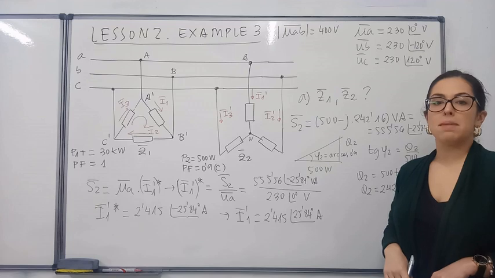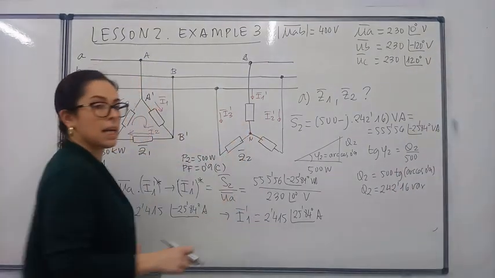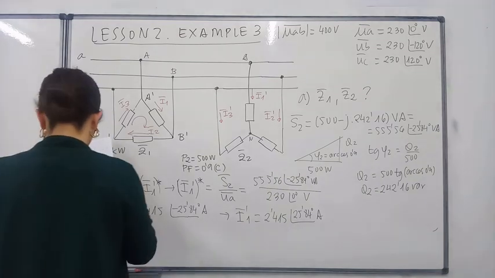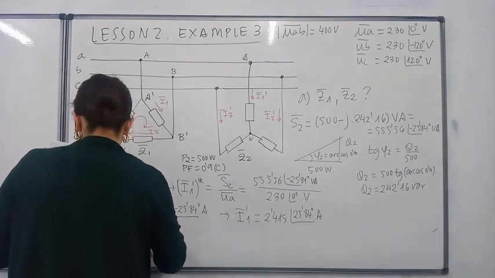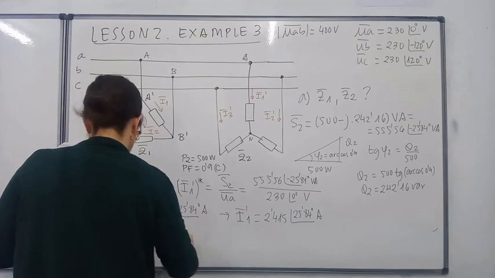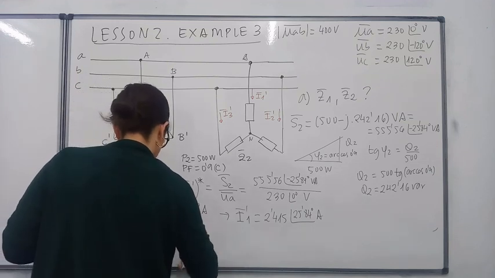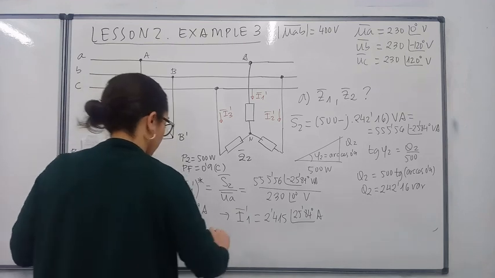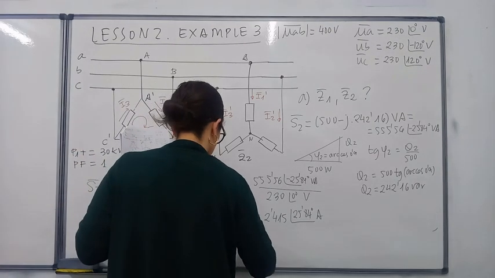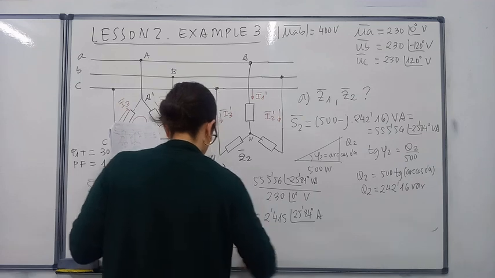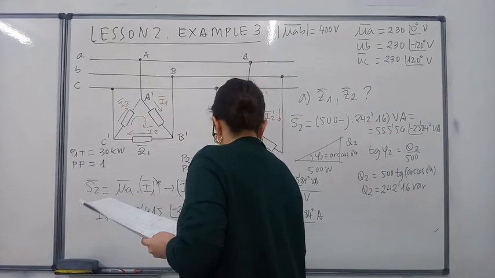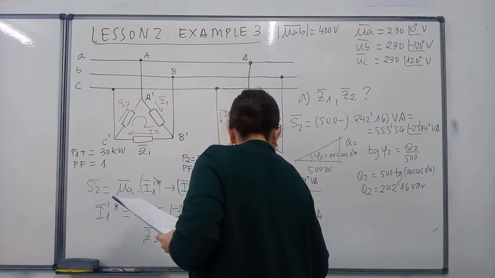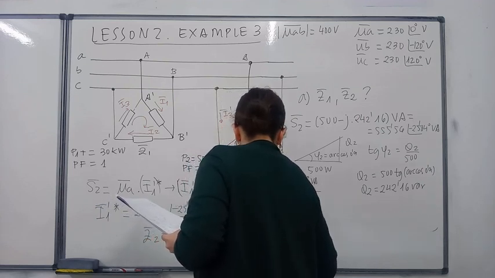What is the next step now? We need to apply Ohm's law to this load here. So Z2, the impedance, would be the voltage divided by I1 prime. So the voltage, 230 volts, divided by this current here, 2.415∠25.84° amps.